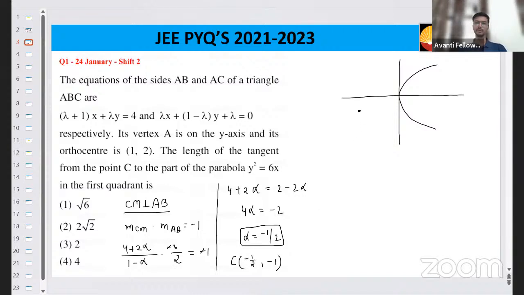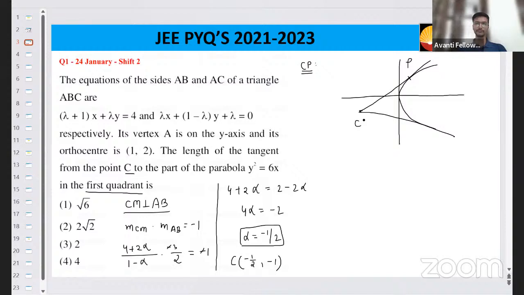So it is in the third quadrant. So from here, two tangents can be drawn, one in the first quadrant, one in the second quadrant. So we want the length of the tangent from C to the part of the parabola in the first quadrant. Let this point be P. So basically we want the distance CP, correct?